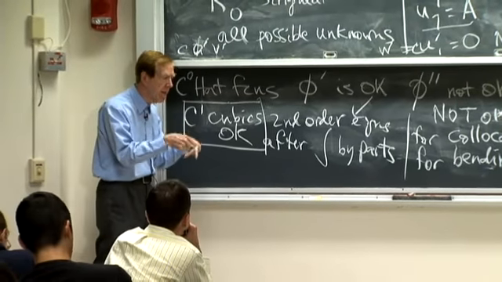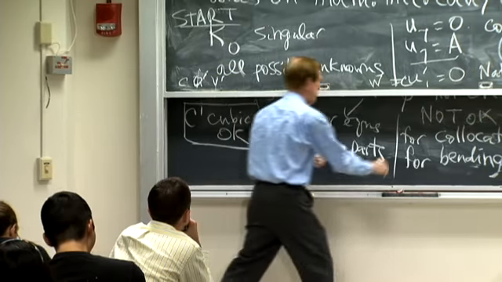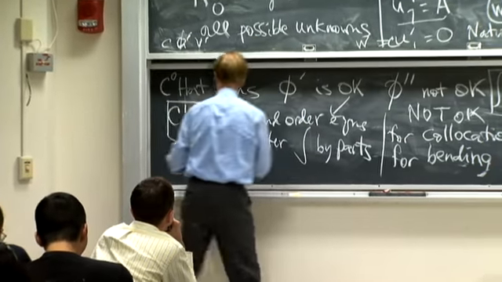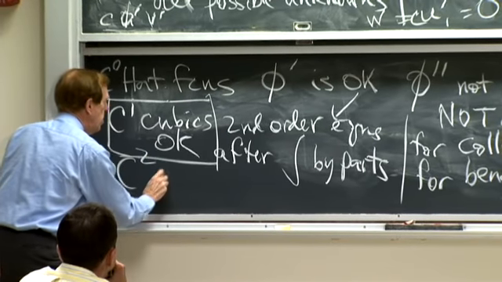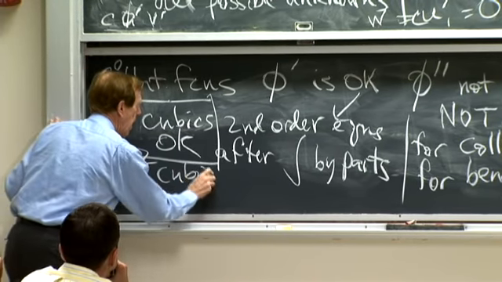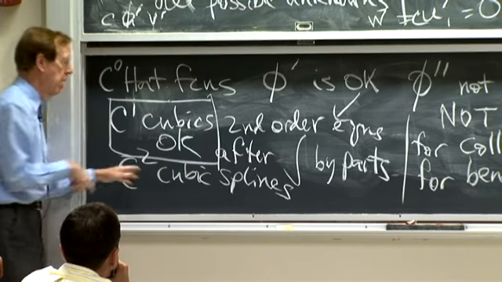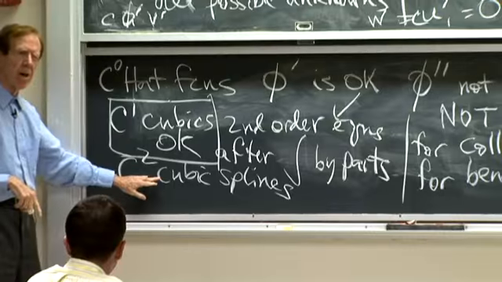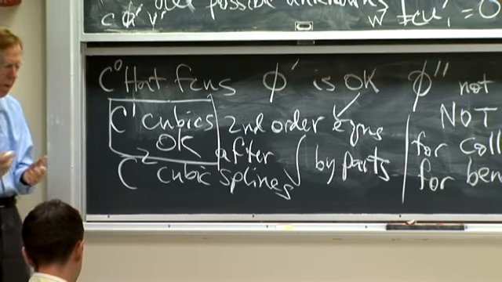They're C2. So C2 for cubic splines, that's coming Monday. That's functions that have 2 continuous derivatives and the jump is in the third derivative.